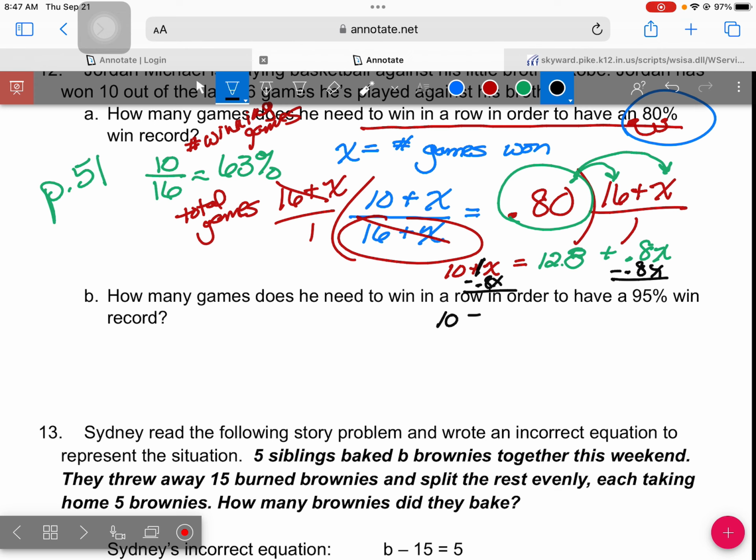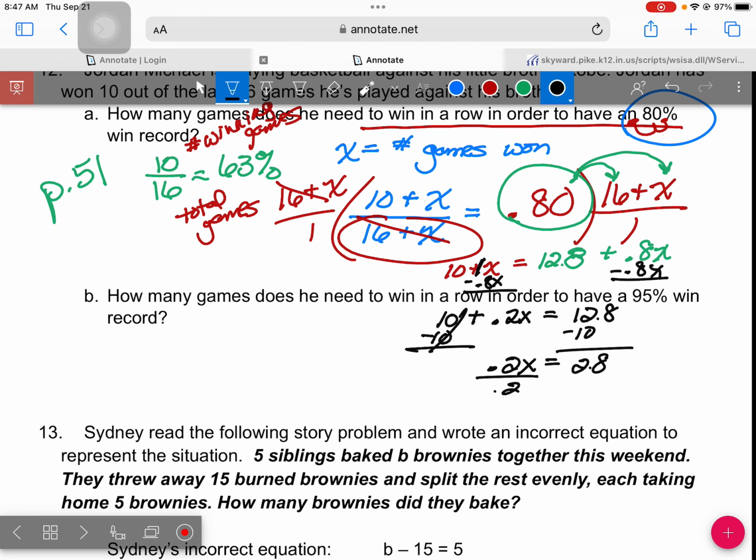So 10 plus 0.2x is equal to 12.8. Subtract 10, subtract 10. So 0.2x is equal to 2.8.